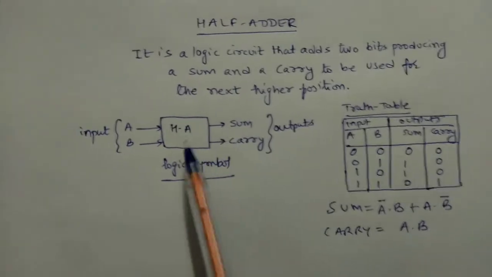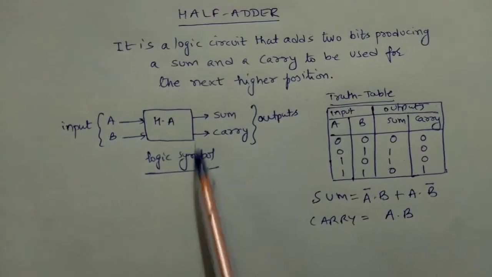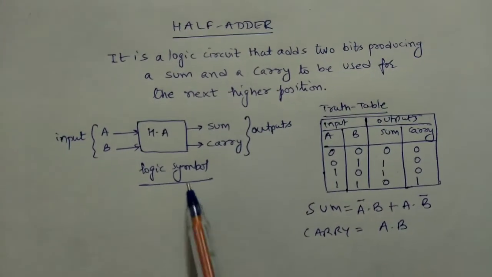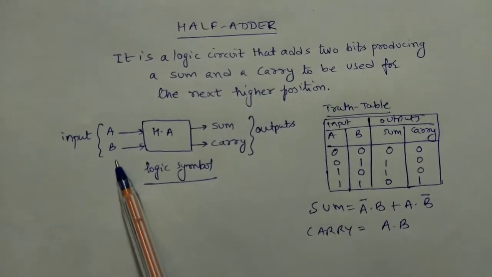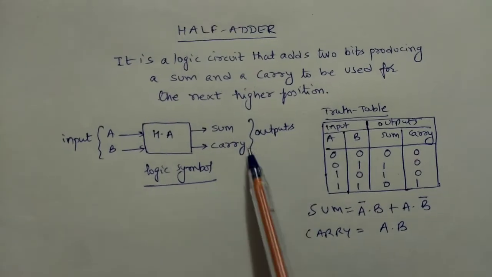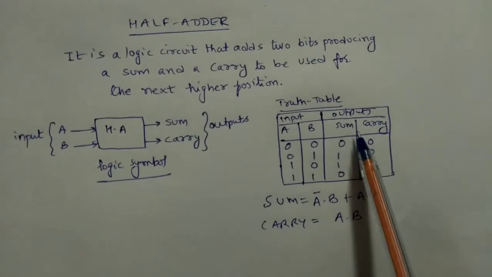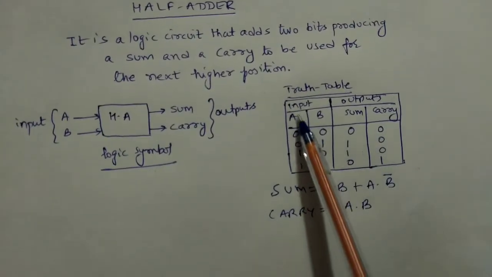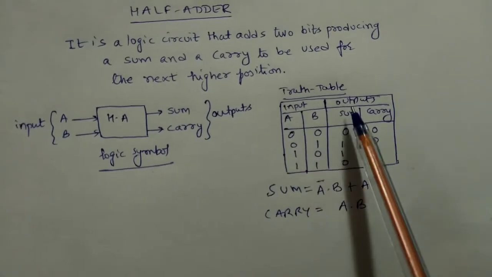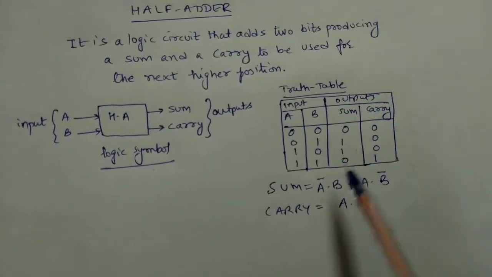And in this particular diagram you can see the logic symbol of the half adder in which A and B are the two inputs and we have the outputs as sum and carry. There is a truth table in which you can see the A and B inputs and the outputs as sum and carry.